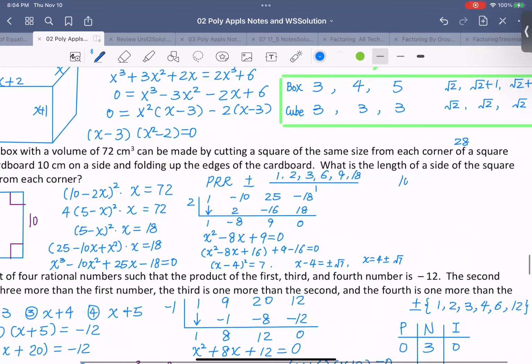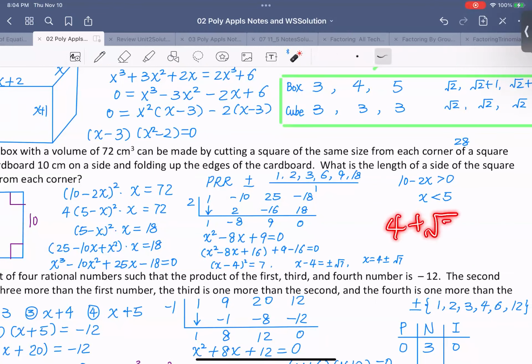So 10 minus 2x is greater than 0. Then x will be less than 5, right? Oh yeah. So that means you cannot choose this one. Why? Because this guy will be greater than 5.